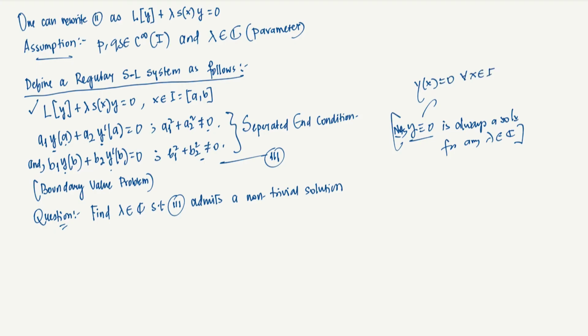So what we want is a solution y which is not 0 at least at one point. By the neighborhood property, if it is non-zero at one point, it has to be non-zero at least in some open neighborhood, right?